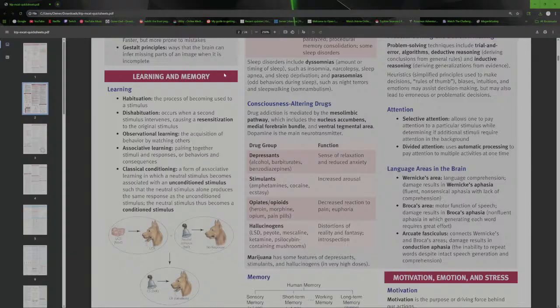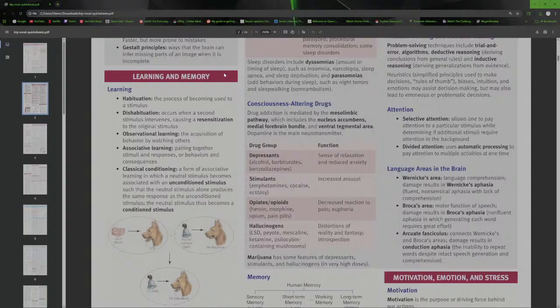All right. So, considering habituation, it is the process of becoming used to a stimulus. The general example that I always remember off the top of my head is you hear a beeping noise, like at McDonald's or something, ding ding ding, and over a period of time you may become habituated, where you don't recognize that the beeping's going on all the time.